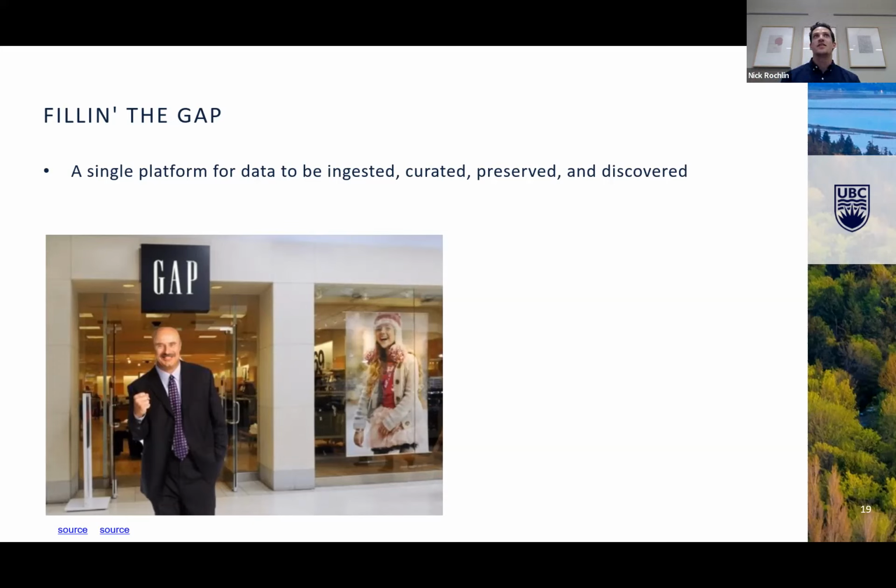It searches, I think, over 100 different data repositories across Canada, including all of the instances of Dataverse, as well as a number of governmental and other research or discipline-specific repositories. So it's really bringing everything together and approaching that federated model.